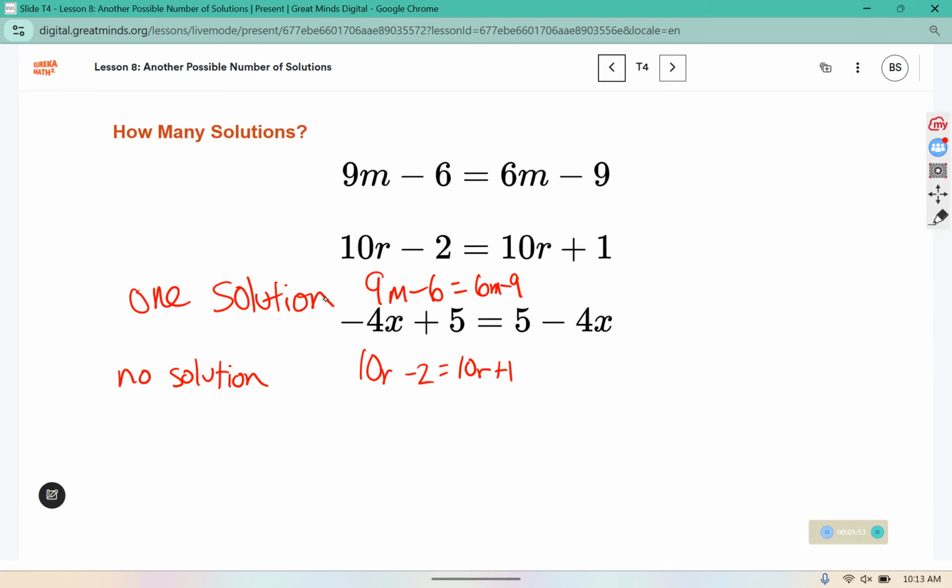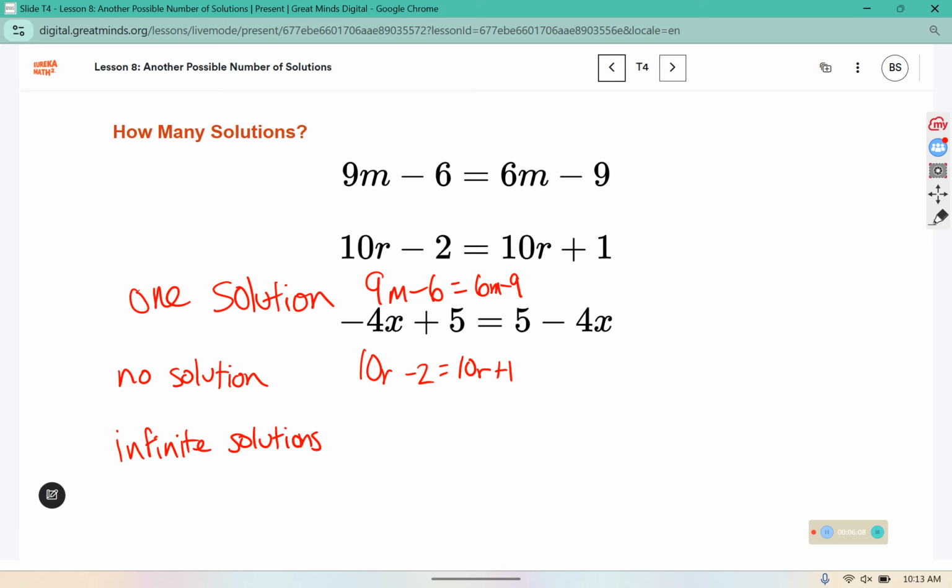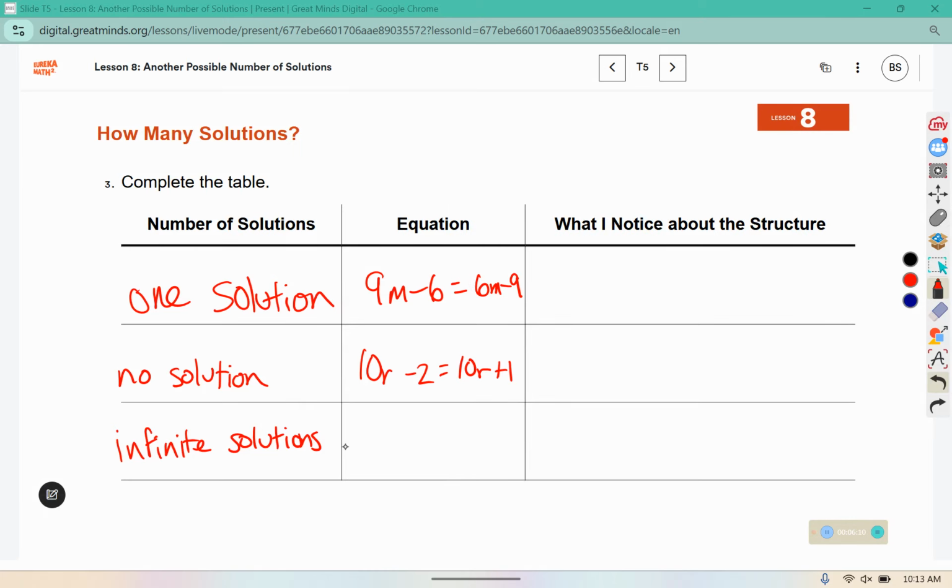And an infinite, which was negative 4x plus 5 and 5 minus 4x. Then it asks, what do you notice about the structure?